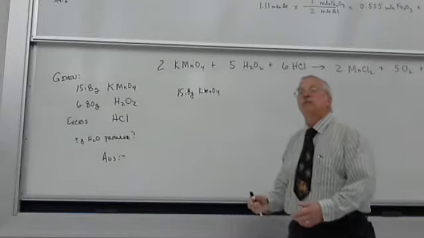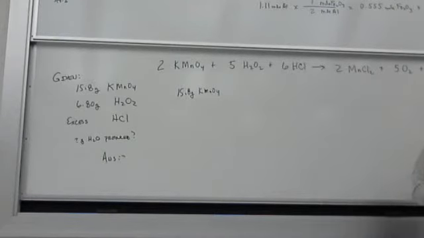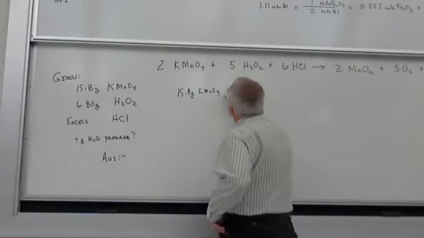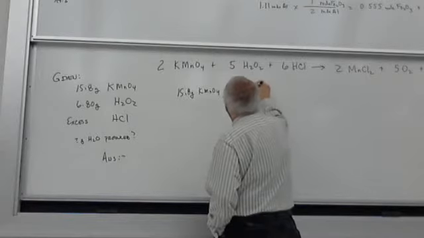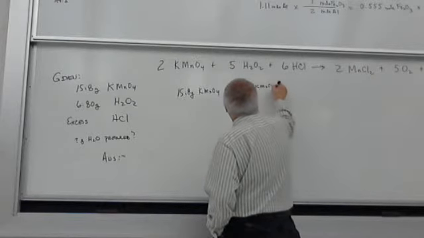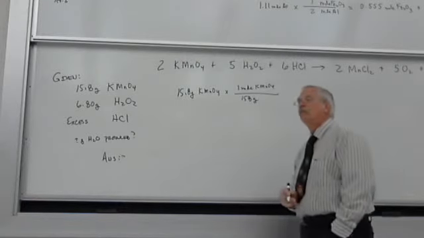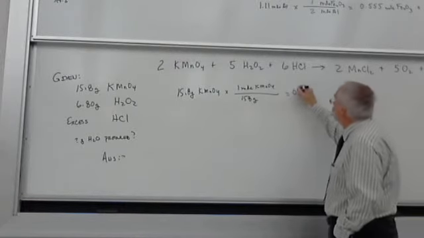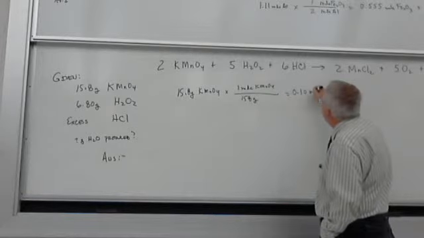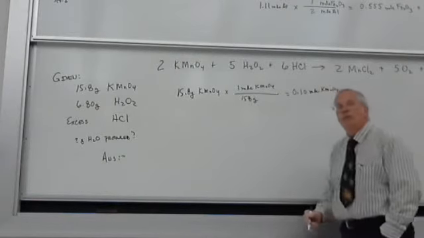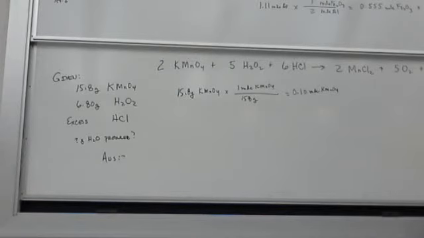So our first job is to change the starting amounts to moles, okay? So we have 15.8 grams, and 1 mole of KMnO4 is about 158 grams per mole. That tells us that we have about 0.1 moles of KMnO4. Now what we're really interested in is how much water that can make.